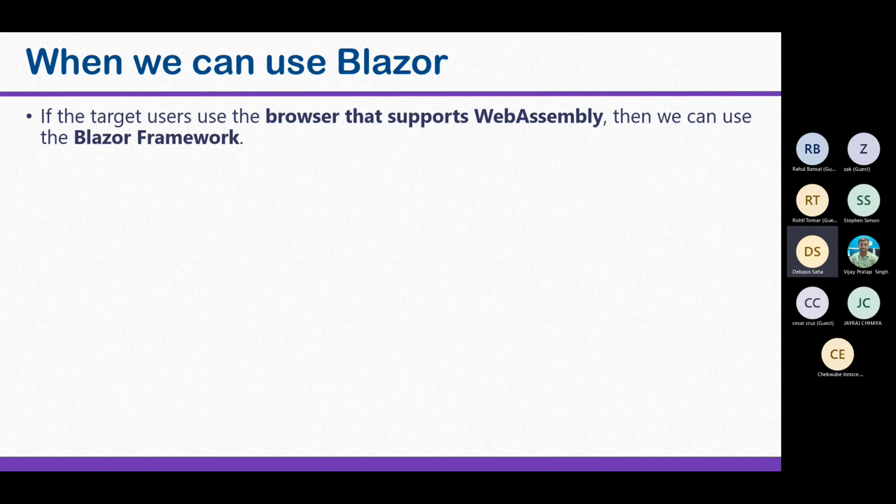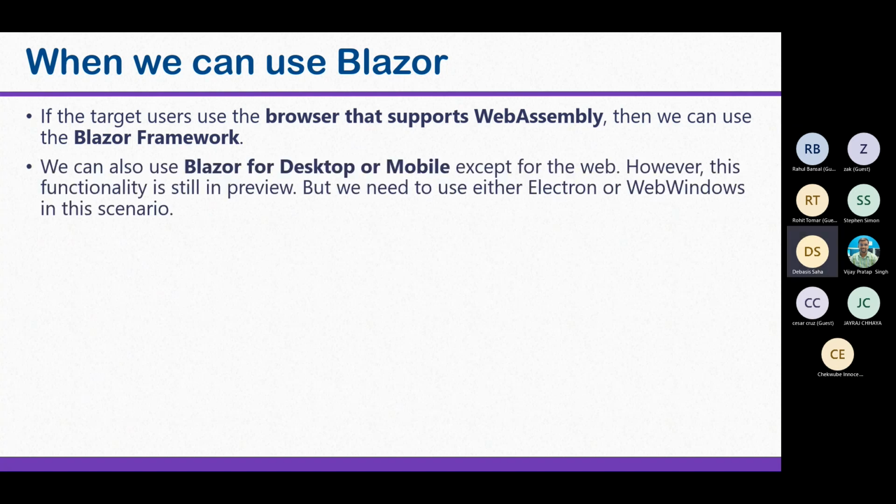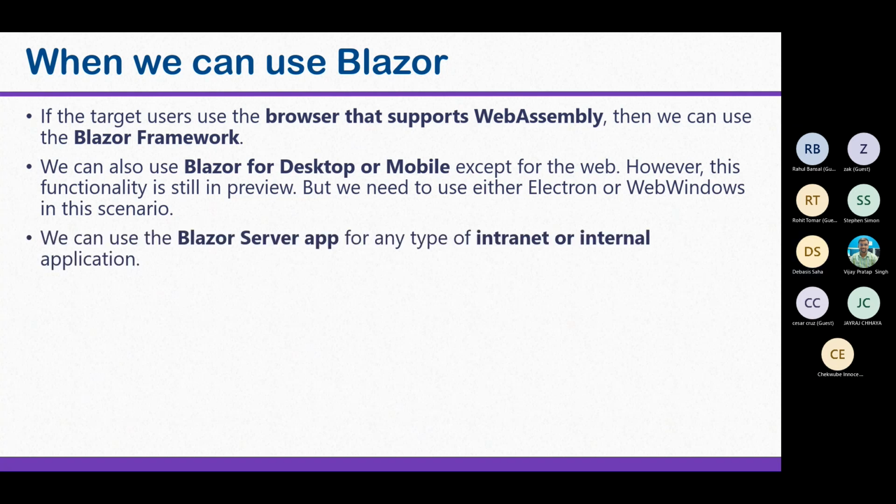If our target users use a browser which supports WebAssembly, or an up-to-date browser, then obviously we can use the Blazor framework along with the Blazor WebAssembly app. We can use Blazor for desktop or mobile, not just the web. However, this is still in preview because it is not finally released, and we need to use either Electron or WebWindows in this scenario to implement it.